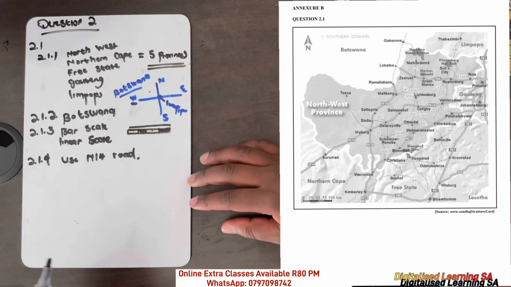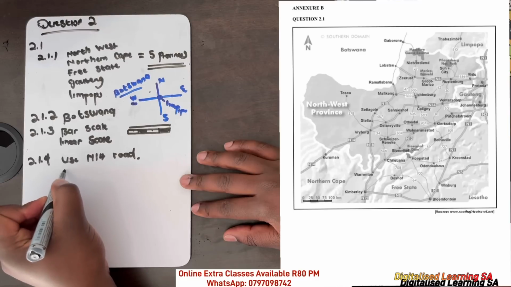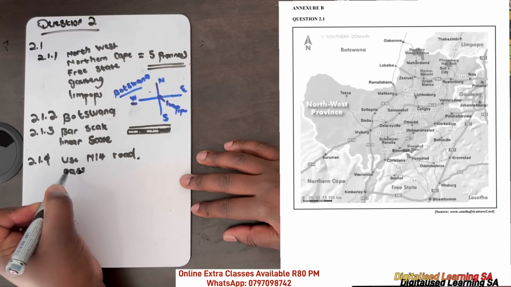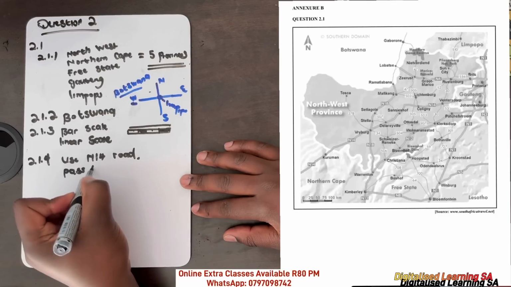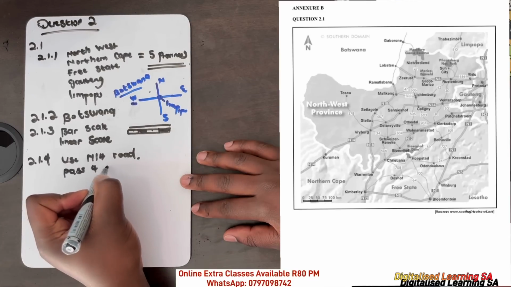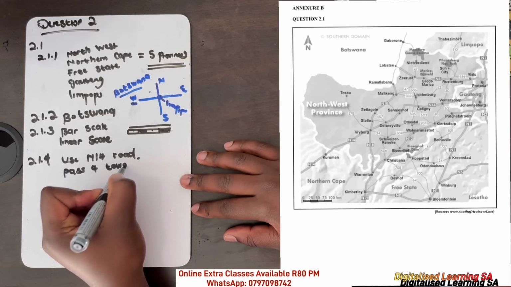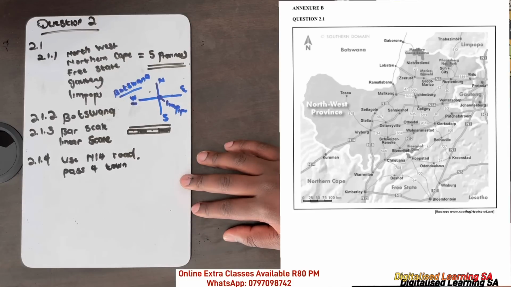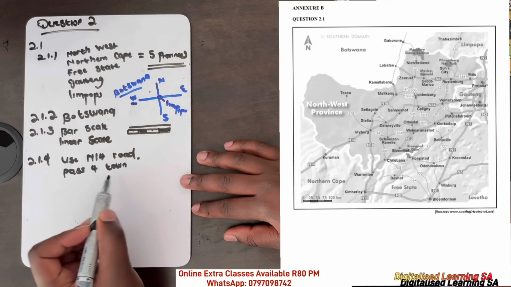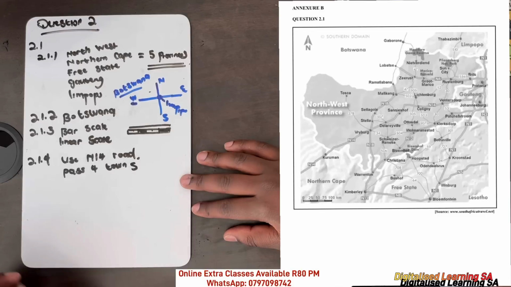Those are the 4 towns, meaning that she needs to pass 4 towns so that she can get to Pretoria. Those 4 towns are located on the N14. So if you look on the N14, you can see that there are 4 towns before she gets to Pretoria. So she needs to pass 4 towns.